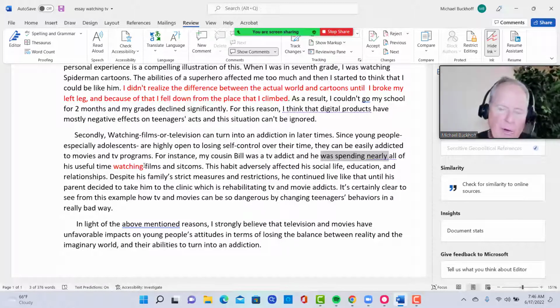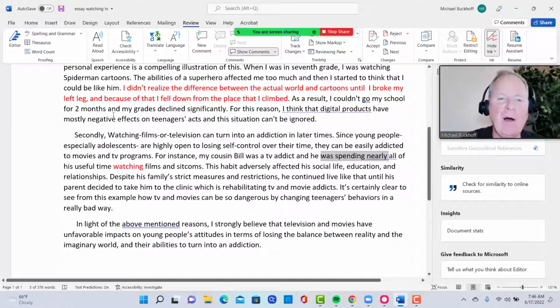Now, this rule doesn't work all the time. These are very complicated aspects of English grammar, but it is a rule that you can apply in some situations, and in this situation. So it would be better to say he was spending all his time watching films and sitcoms as opposed to watch films and sitcoms.